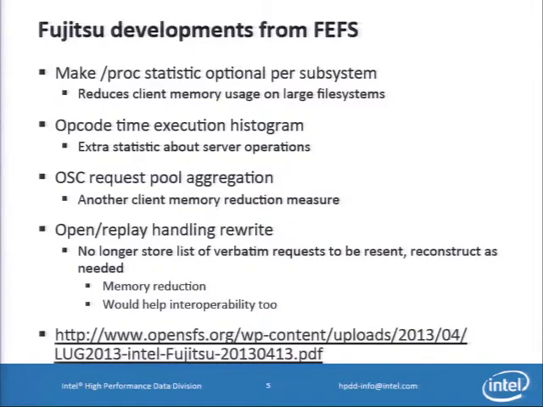But when it starts to approach thousands, those 10 buffers per OSC really do add up. So this particular feature will aggregate those pools into a single one from which every OSC would be able to draw their requests. And in general, that would reduce the amount of memory reserved for the system on the clients.